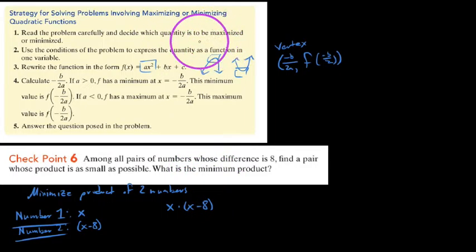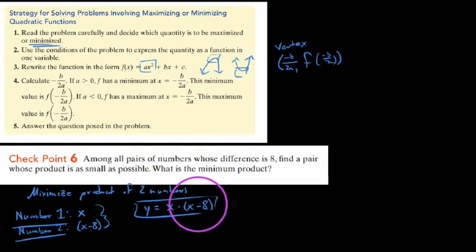So we've already decided that we want to minimize the product of these two numbers. Using the conditions of the problem, we express the quantity as a function in one variable. And what I want you to notice is this. We have just one single variable here, but we could say that this is our y equals a function of x. We could say also f of x equals this right here. So we're going to rewrite this into standard form.